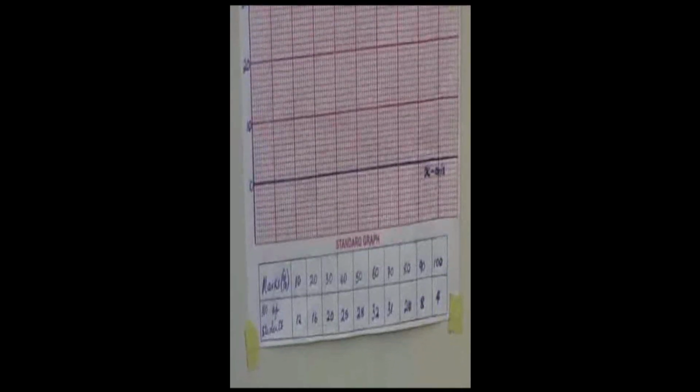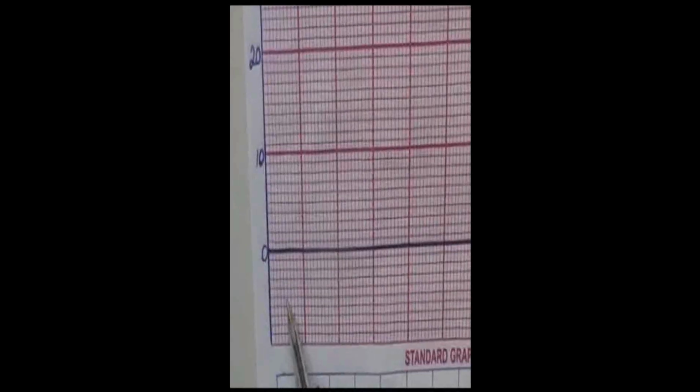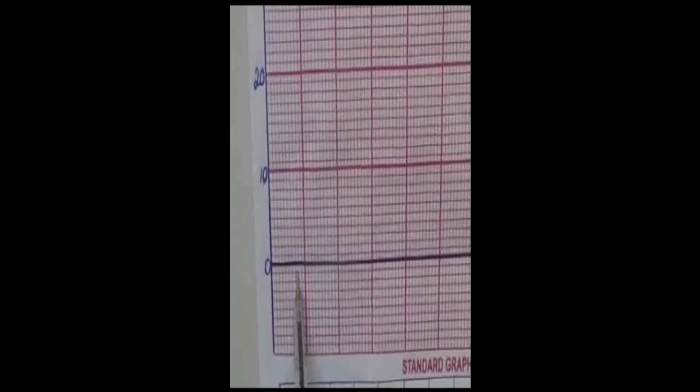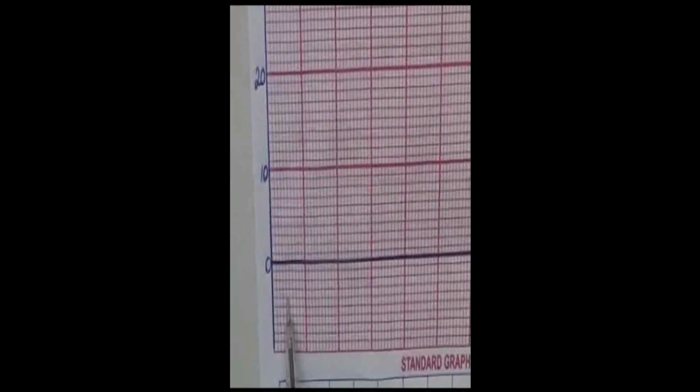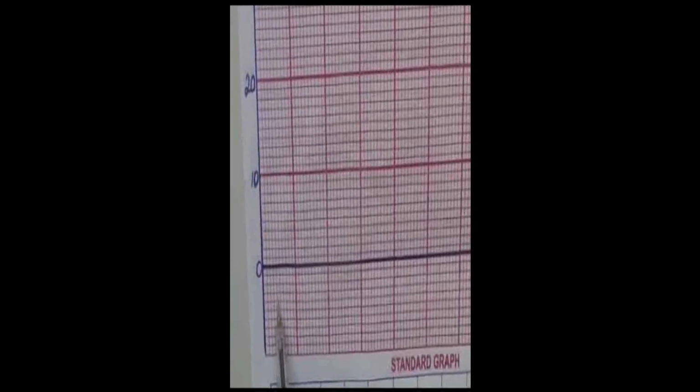So the next thing we do is to go straight to drawing the bar chart. Now the bar, I have to explain and then go out of the camera and draw it and come and show you. It's a very simple thing. For instance, if we start from here, halfway of this 2 cm square is 1 cm.